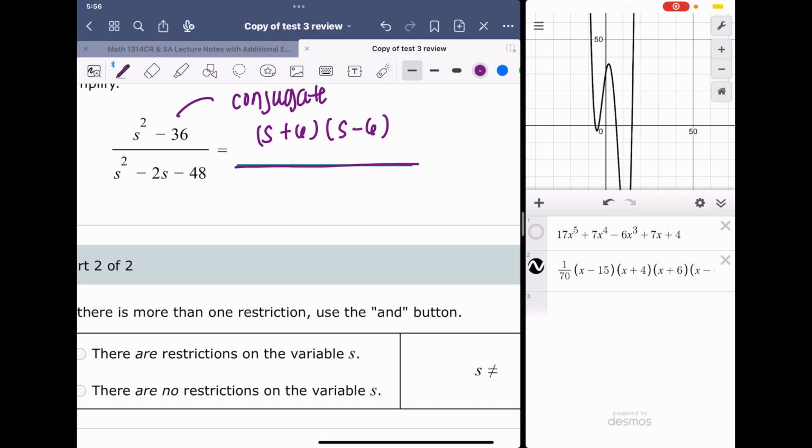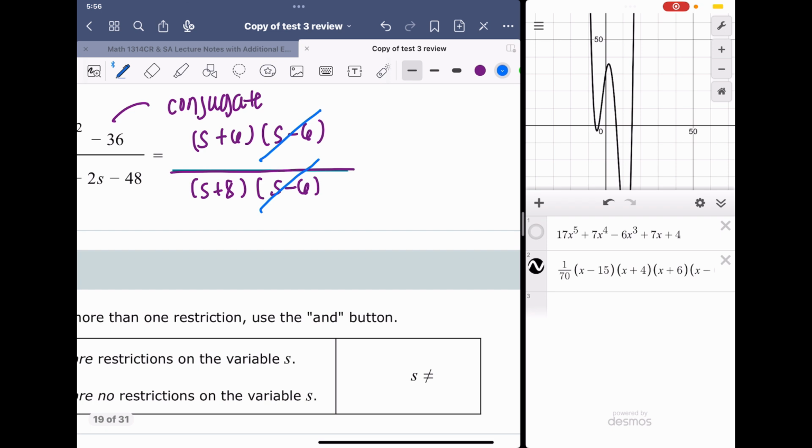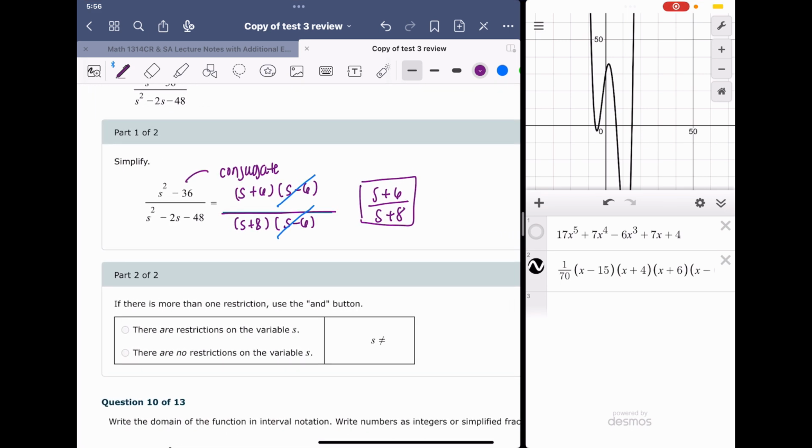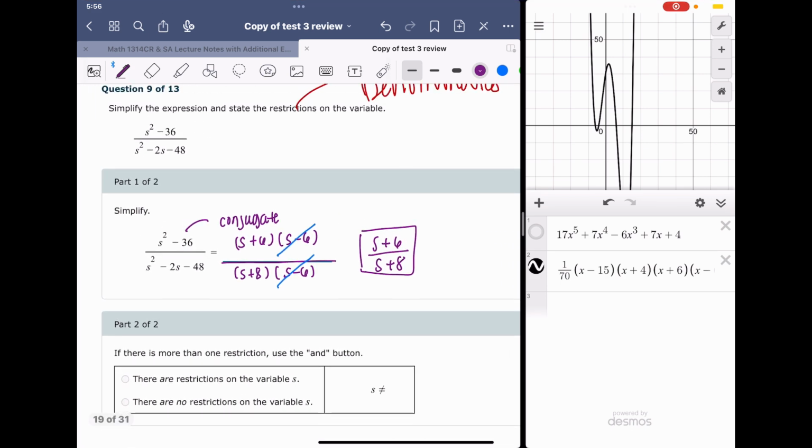The denominator is going to be S plus 8, S minus 6. You're going to cancel out the common factor. So simplified, we get s plus 6 over s plus 8. That's the simplified expression.